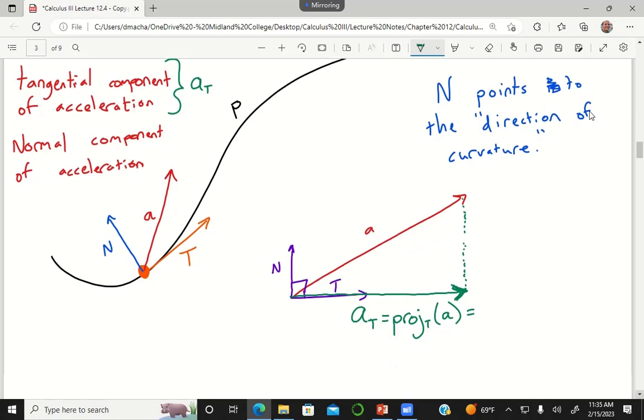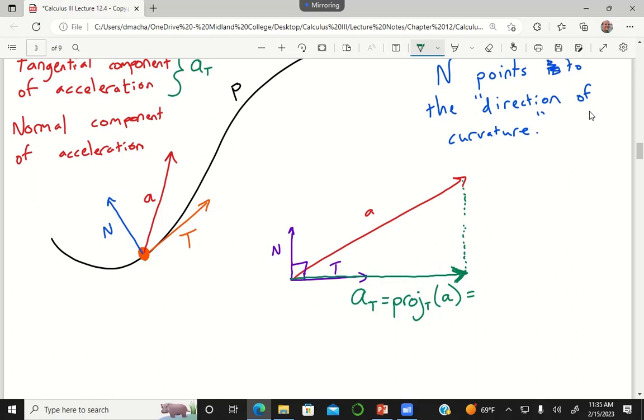You guys remember the formula for a projection? It should be a dot t over t dot t, which is a scalar, times the vector t. So t is giving you the direction, and that's how you find the tangential component of acceleration. Now, that capital T is a unit tangent vector. So if we actually found the unit tangent vector, then the magnitude of t is 1. And so that means what?